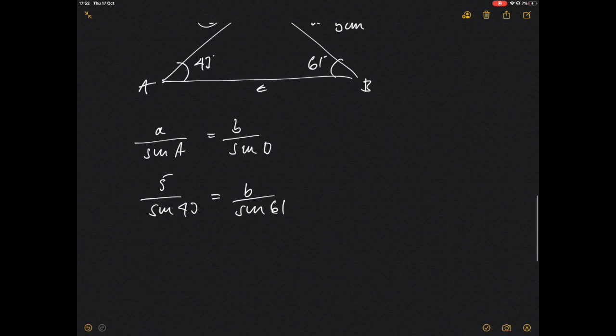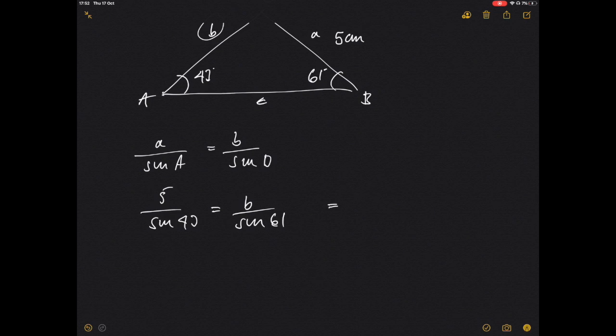If we do a little bit of rearrangement, we can show that b would equal 5 sine 61 all over sine 43. We stick that in our calculator and we get the answer as 6.412.